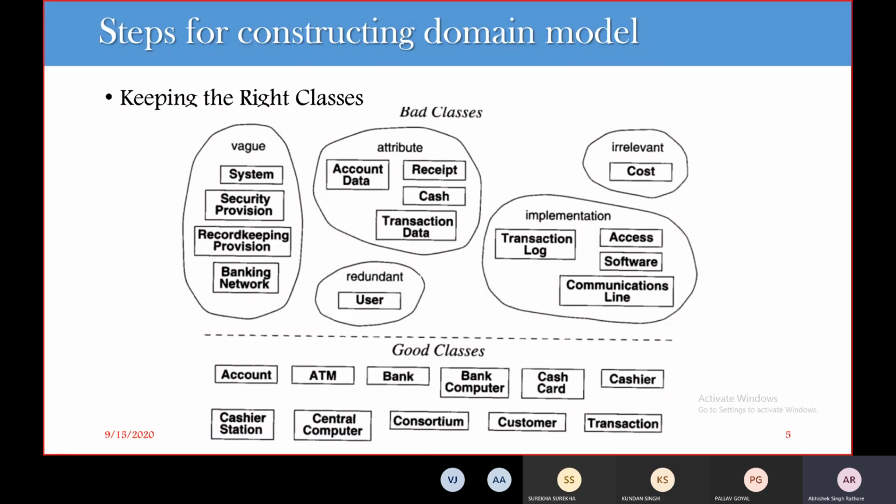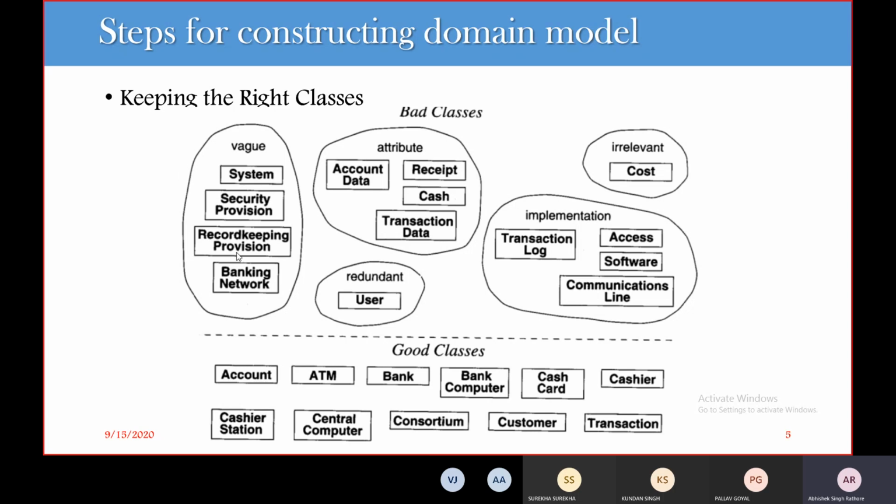For example, cost is usually outside the scope or context of our ATM system, because an ATM has some related costs. But when we are considering the user perspective of withdrawing and depositing money, the cost of the ATM doesn't matter for implementing an information system for the ATM network. So this is considered an irrelevant class.